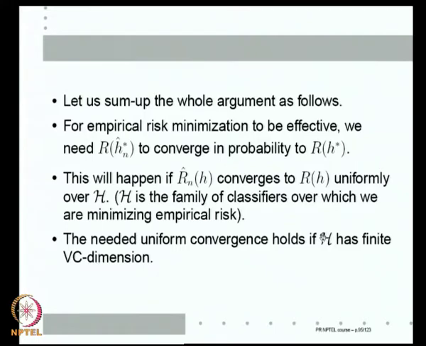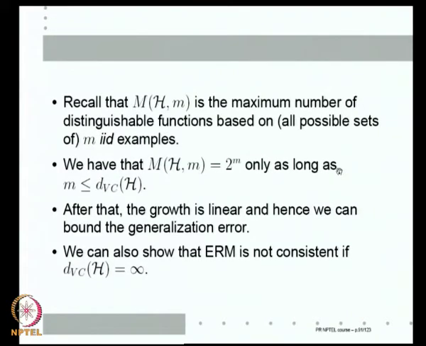What we have now found is that the needed convergence holds if h has finite VC dimension. What is VC dimension? So far, VC dimension for us is this: if M(h, m) is the maximum number of distinguishable functions based on all possible sets of m IID examples, then till m is less than or equal to dVC of h, this maximum stays as 2 power m, and after that it is less than 2 power m.